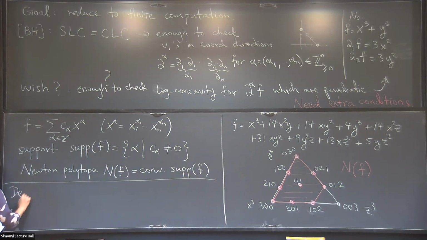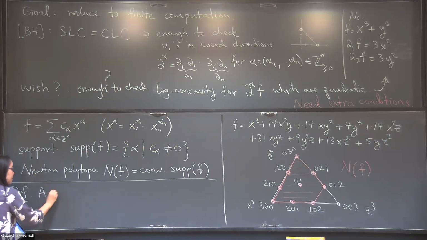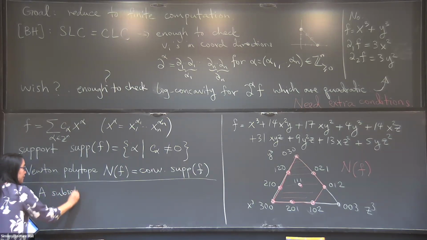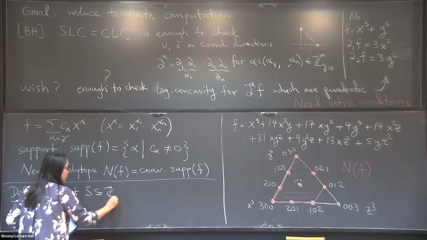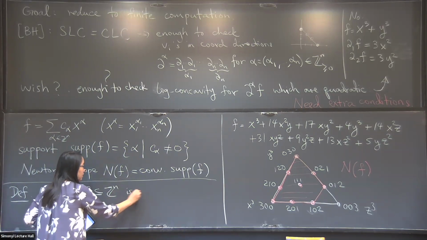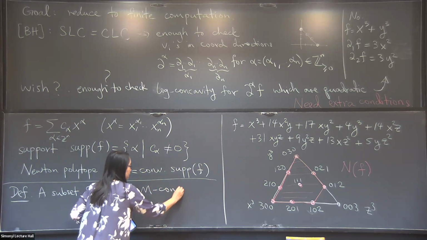So here's a definition that comes from discrete convexity. This is not the official definition, but it's an equivalent characterization of M-convexity. We say that a subset, let's say S in Z^n, is called M-convex.